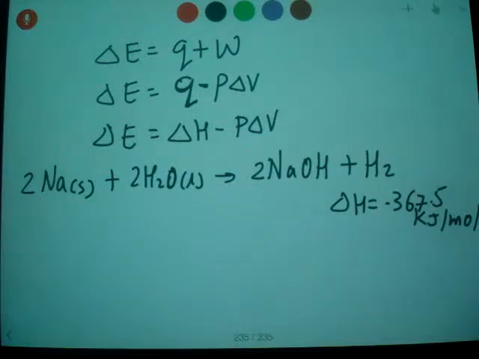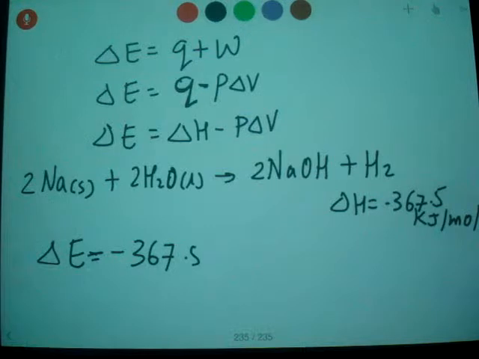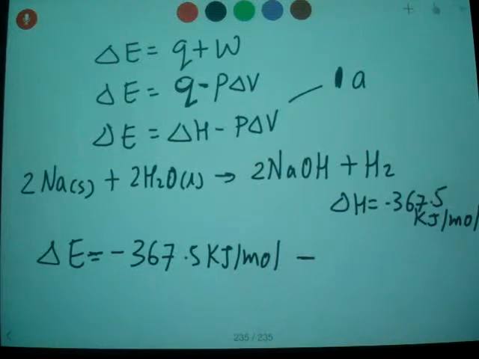Now, let's say we have delta H in here, 367.5. So if we say delta E equals minus 367.5 kilojoules per mole minus P delta V. In this one, let's say 1 atmosphere pressure is given and V is 24.5 liter.